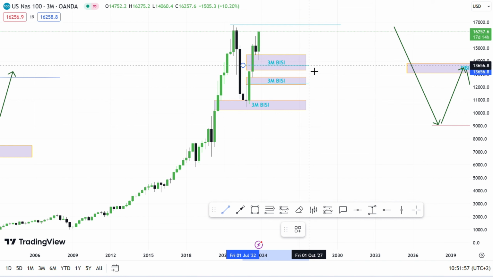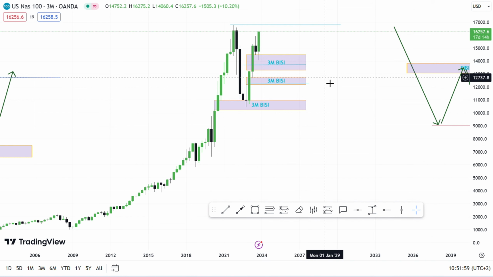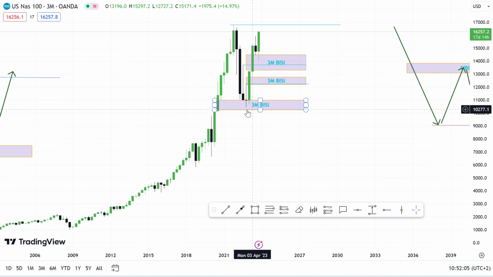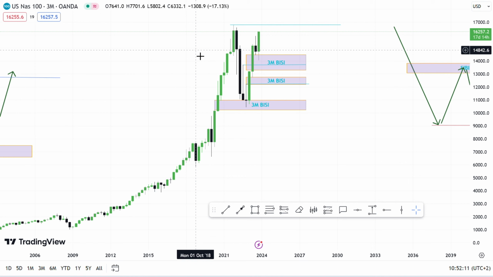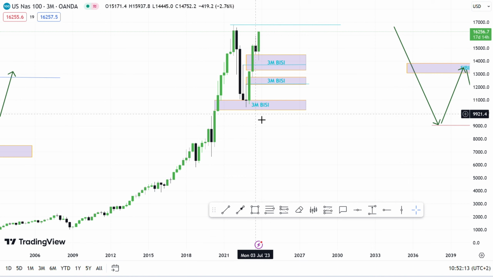So it's important with this to understand what is going on in the higher time frames, because from here we realize that this was our initial target. This is the 3-month chart, so this can take a full year to play out, because this is 3, 6, 9, 12. This is a year for this movement to play out. It entered this area when?